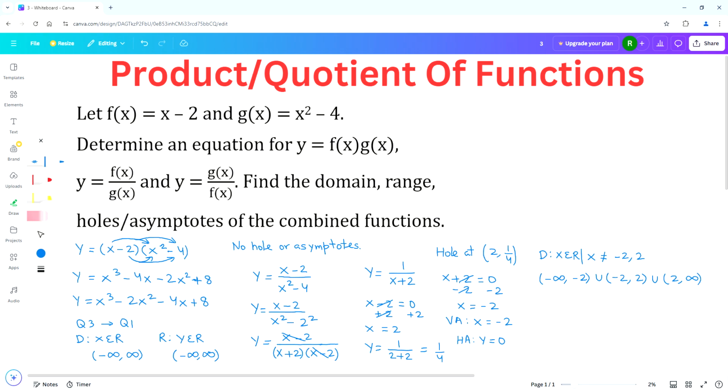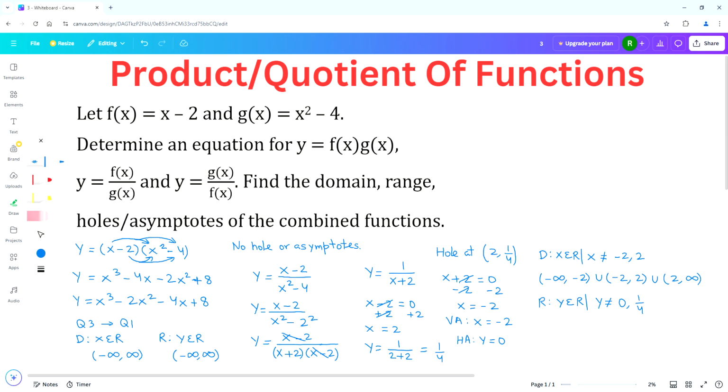We can write this domain in interval notation as follows. Now we can write the range. For the range, we have to exclude the y coordinate of the hole and the horizontal asymptote value. So that means y cannot be equal to 0 or 1/4.